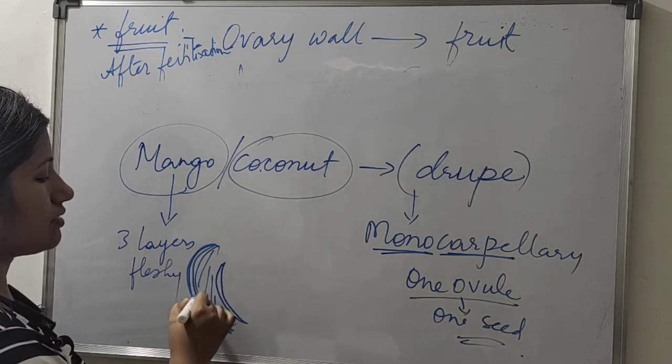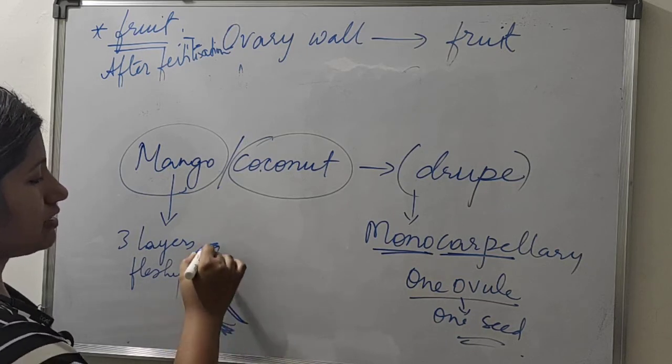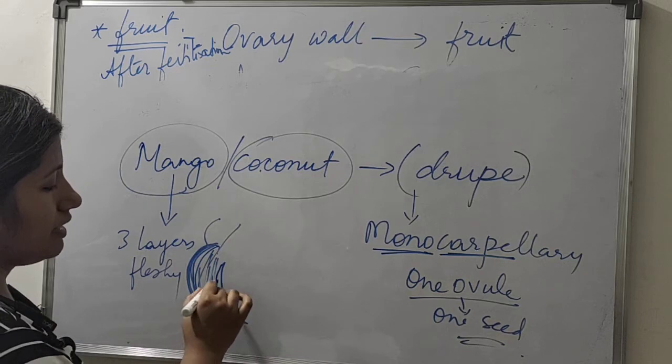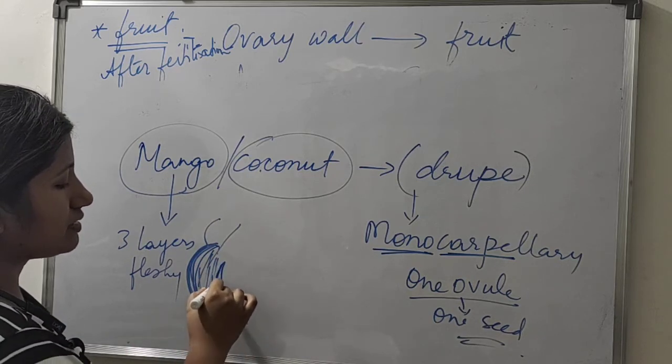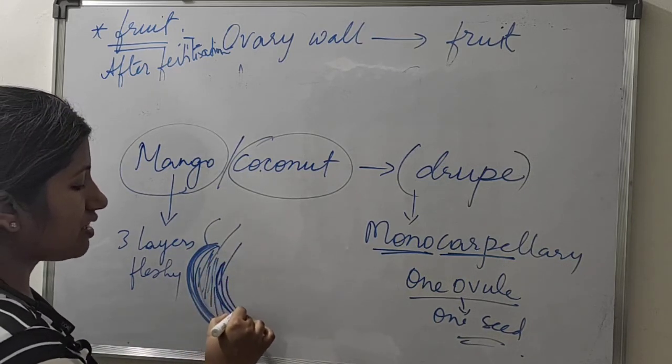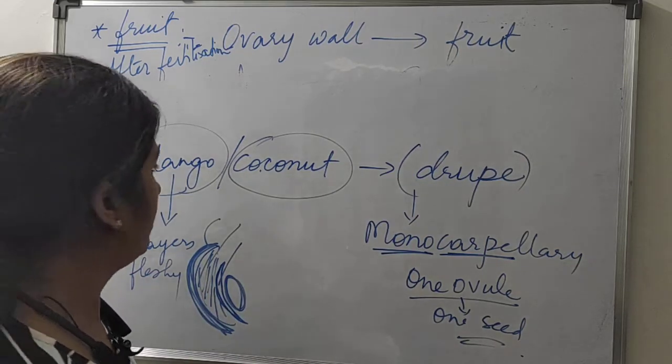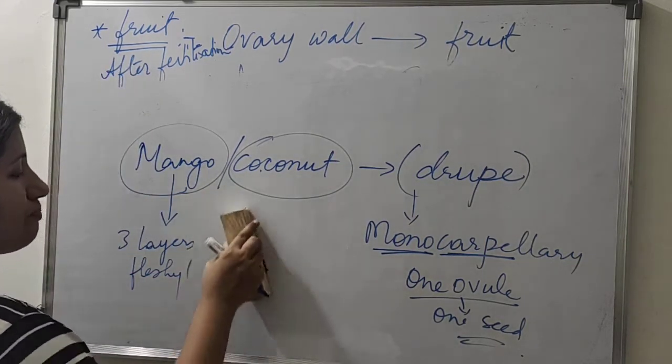So these are the 3 layers: the outer peel is ectocarp, the yellow fleshy part is the mesocarp, and inside, the tough part is the endocarp. Over this tough part, the seed is formed. So that is the pericarp of mango.